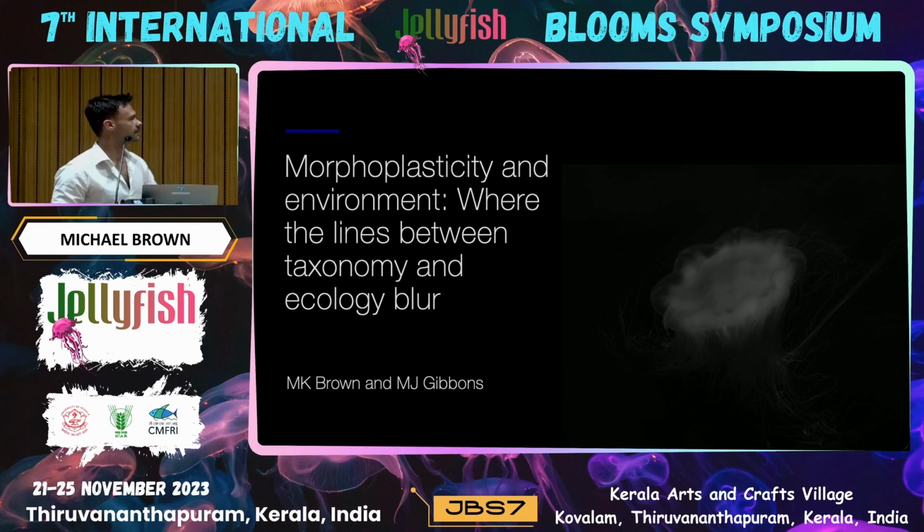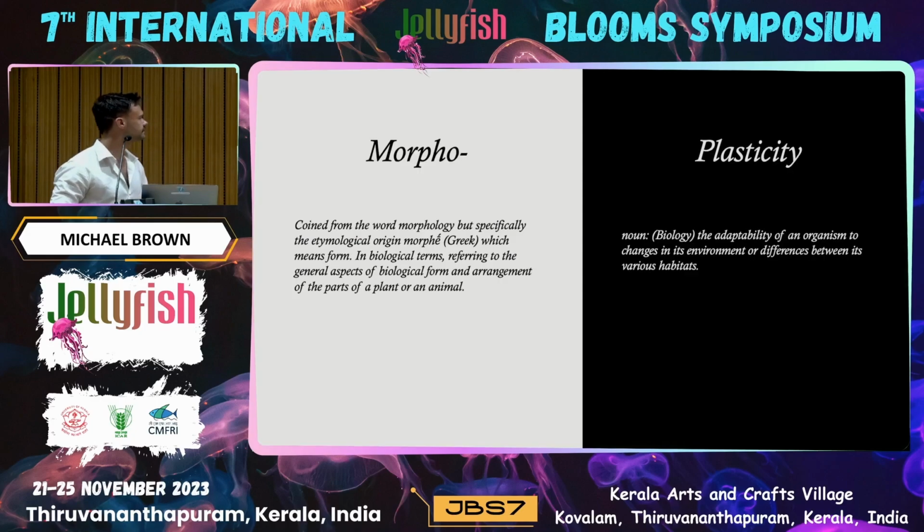So I'm going to talk about morphoplasticity and environment, where the lines between taxonomy and ecology blur. While most of us will inherently understand the term morphoplasticity, Google apparently doesn't. If you try Googling morphoplasticity, you'll get a bunch of different answers, so let's just break it down.